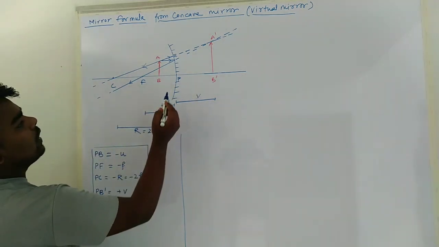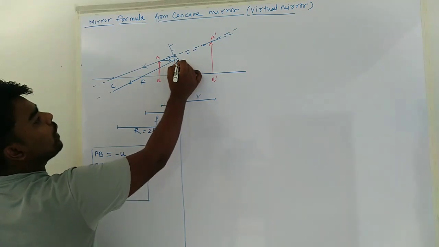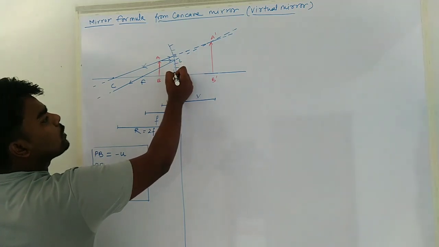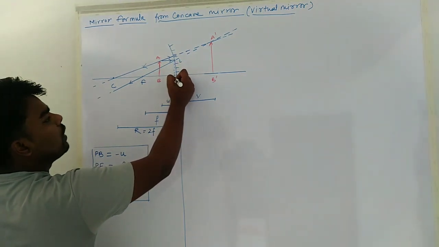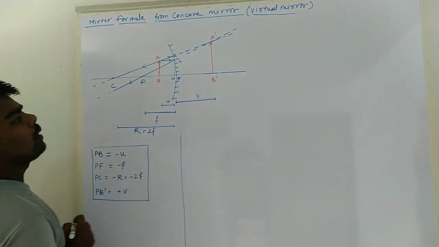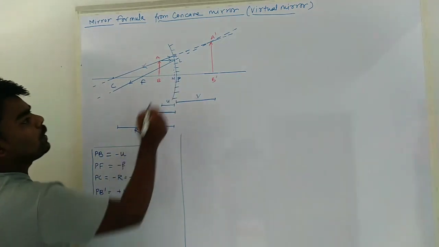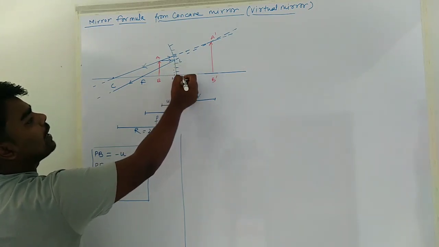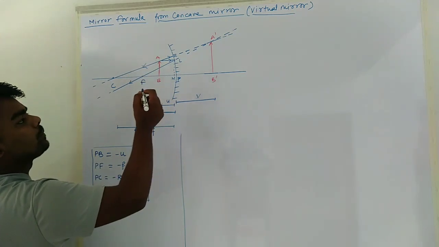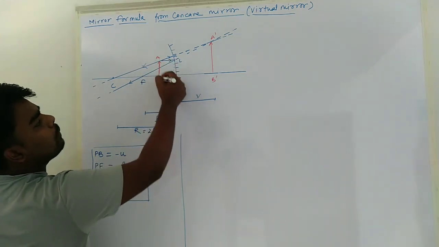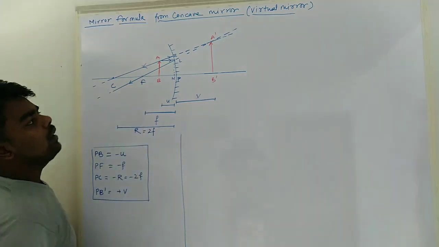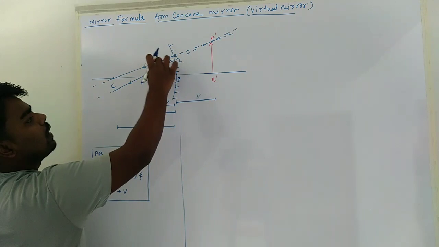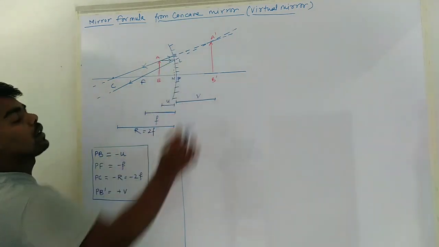Now suppose this point is called L. From L we will draw a perpendicular on the principal axis, and this point we can call N. P and N are very close, so I can write LP as LN. Here AB and LN are equal because both lines are parallel to each other and are drawn between parallel lines.